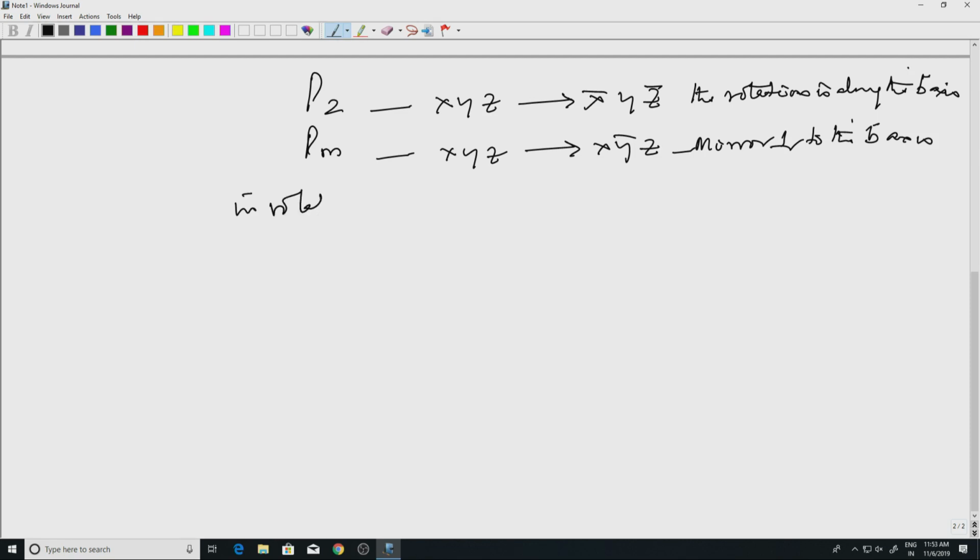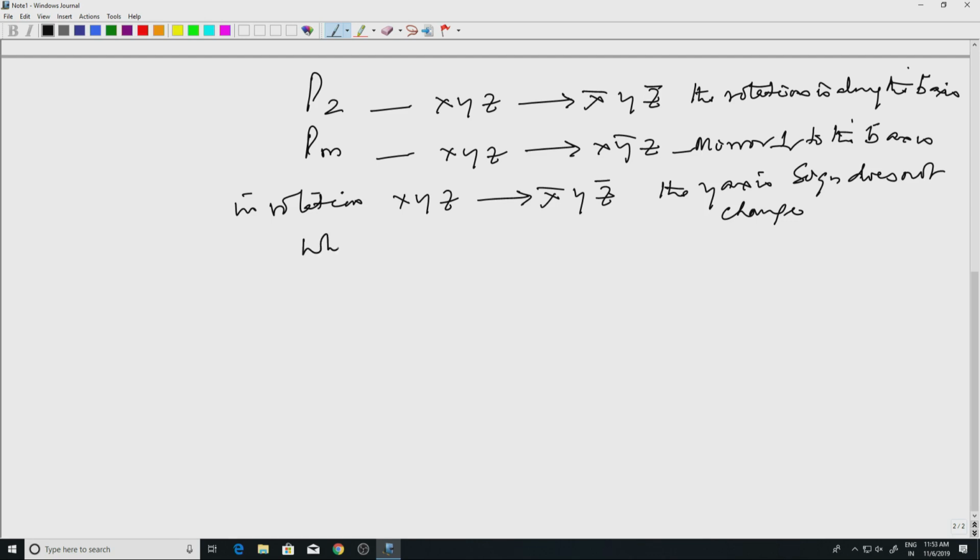In rotation, x, y, z becomes x bar, y, z bar. The y sign does not change, while reflection perpendicular to y makes x, y, z become x, y bar, z.